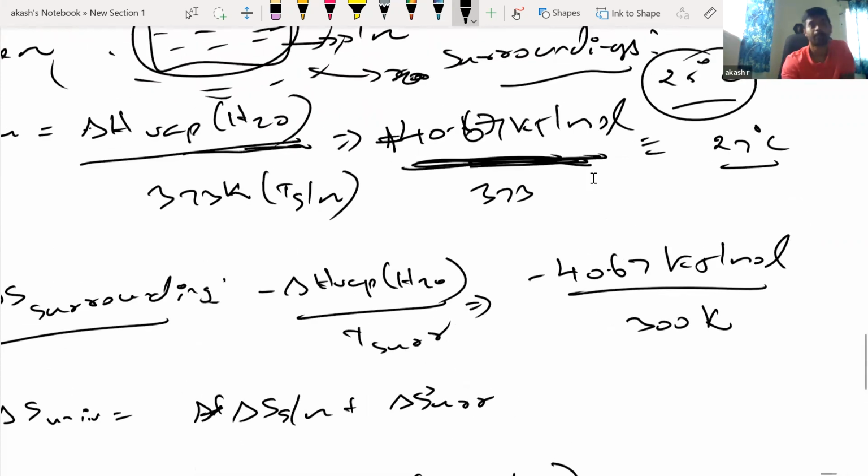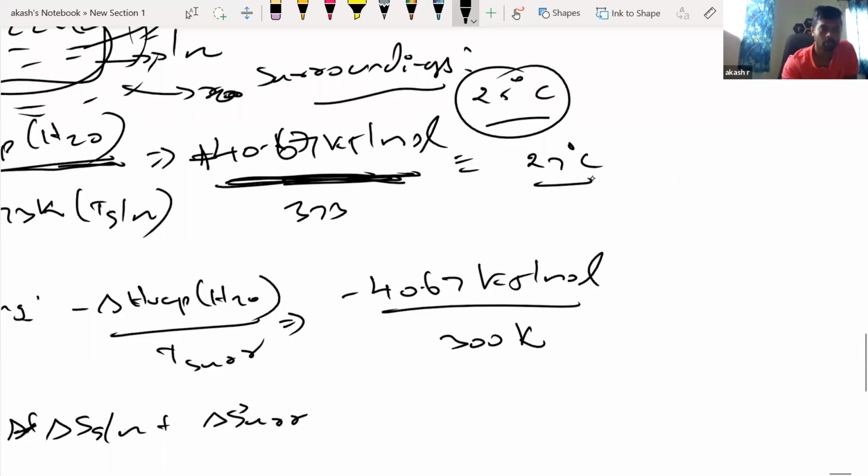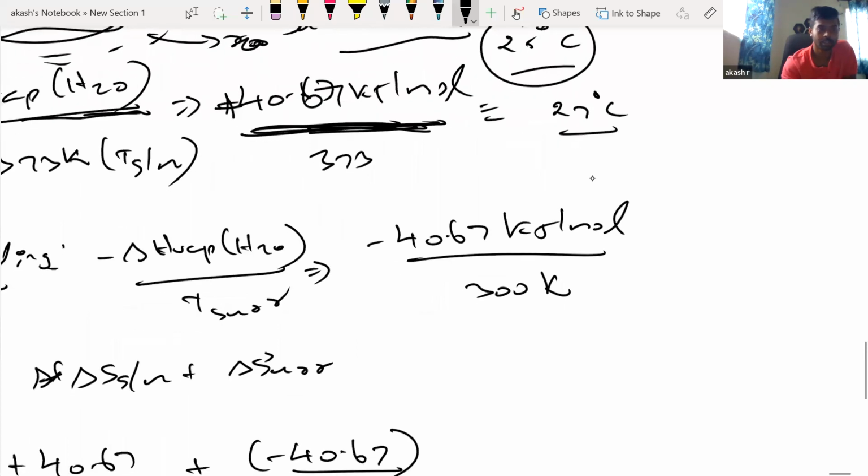Maybe if I take melting, what will happen? If I take melting, fusion will happen at 0 degrees Celsius, and the same amount of heat will be lost. For melting it is working, but why is it not working for boiling?